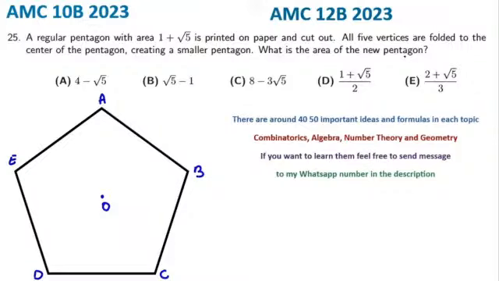Okay. So the most important part is, what does folded to the center mean? Okay, this part. A goes to O. So the new edge that will be created is what? It will be the perpendicular bisector of AO.